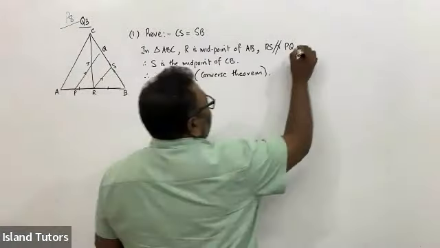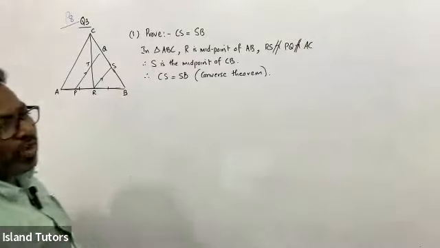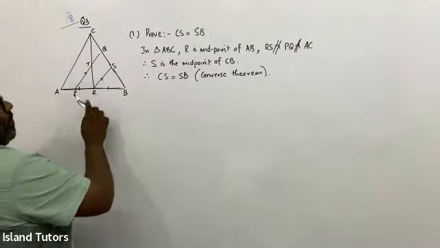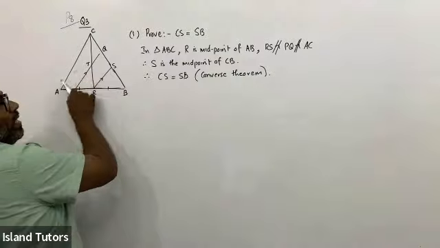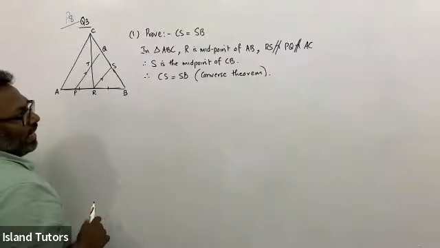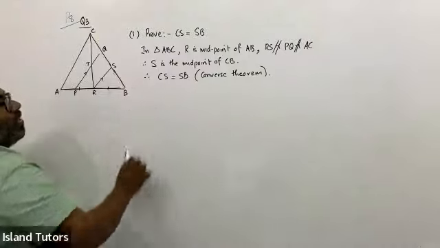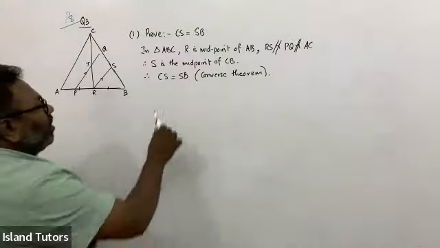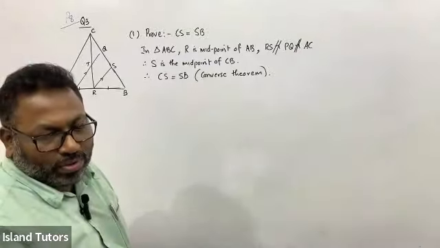According to the converse theorem, if R is the midpoint of AB and the line is parallel to the third side, then S is going to be the midpoint of CB and therefore CS is equal to SB.